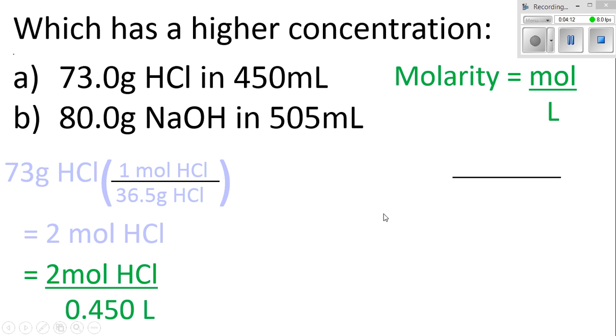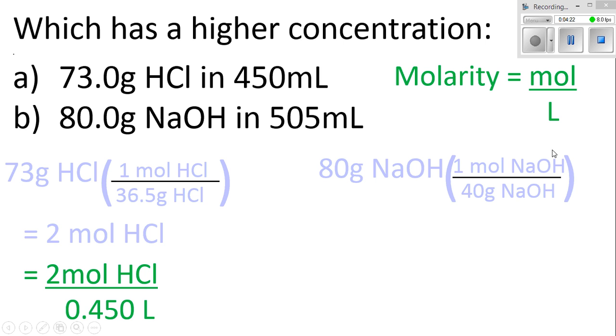I'm going to go ahead and start working with answer choice B, starting off with 80 grams of sodium hydroxide, which is about, rounding the masses, 40 grams of sodium hydroxide per 1 mole. Hopefully this one's a lot easier for you to see. 80 divided by 40 is also 2 moles of sodium hydroxide.